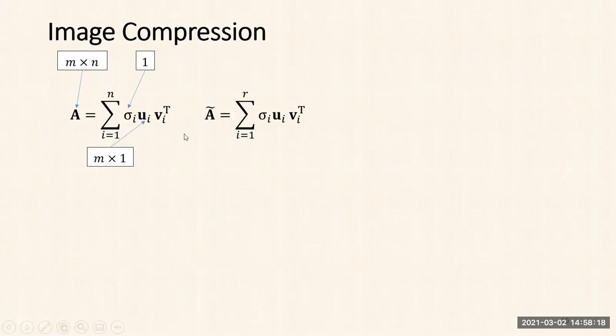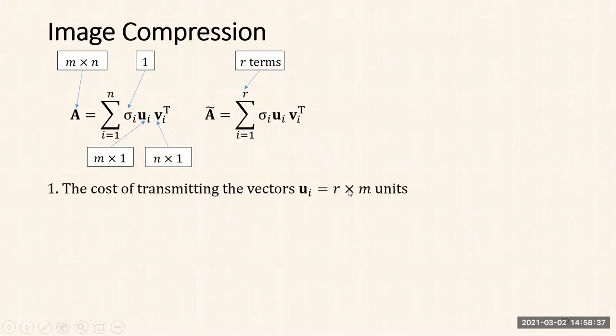In other words, v_i would be an N by 1 vector. And we have how many terms in the summation? R. So if I transmit this, what will be the total cost of transmission? The cost of transmitting the vectors u_i, there are R terms. And if I transmit all the u_i's, I'll get R times M units. Agreed? Because each is M by 1.